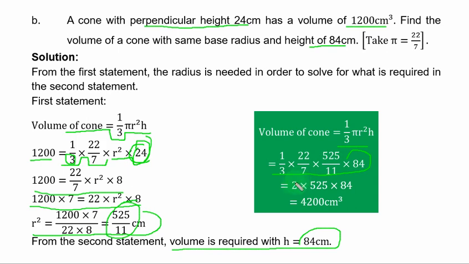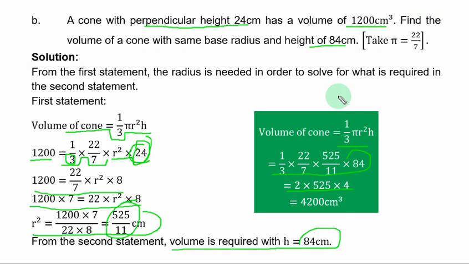That simplifies to 2 times 525 times 84 times 84. If you multiply, you have 4,200 cubic centimeters as the volume of the second cone.